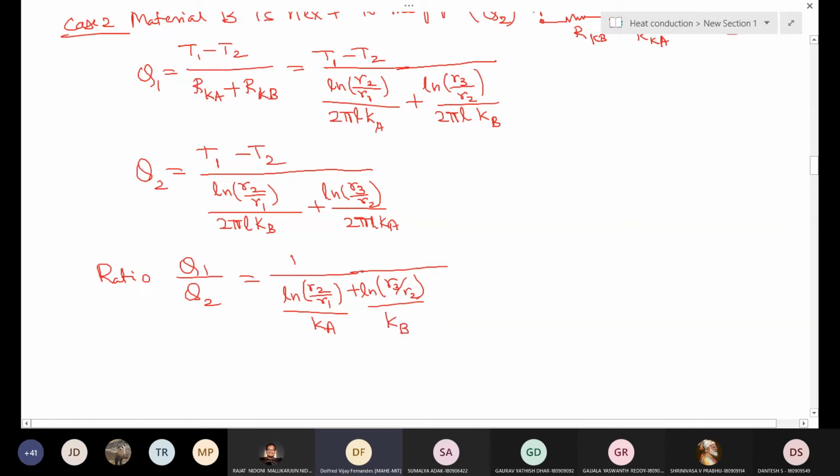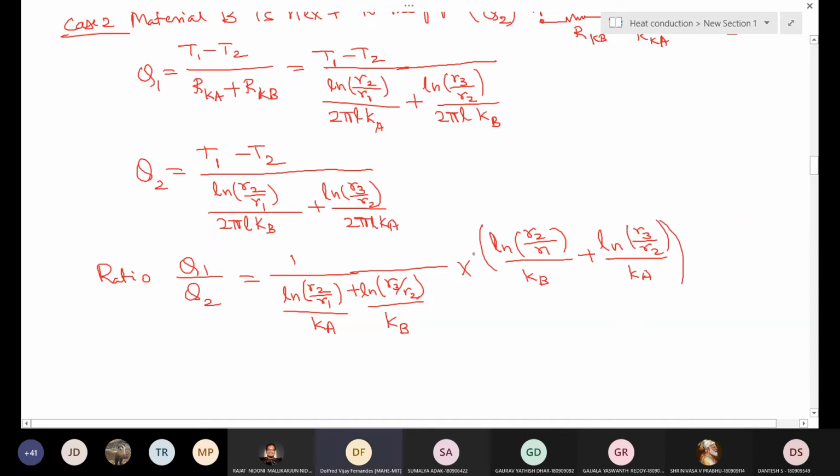That is Q1. What about this Q2? That is in the denominator, so I have to write the inverse of that, right? So I will write this as ln R2 by R1 divided by Kb plus ln R3 by R2 divided by Ka.